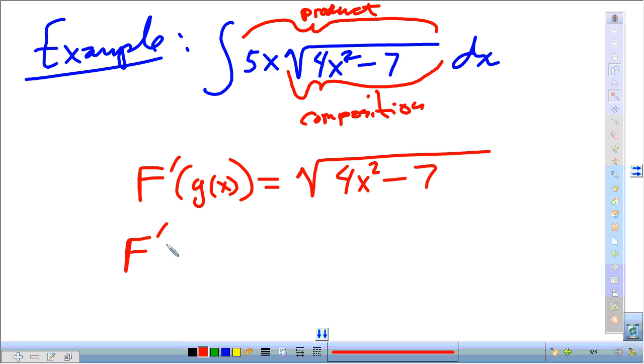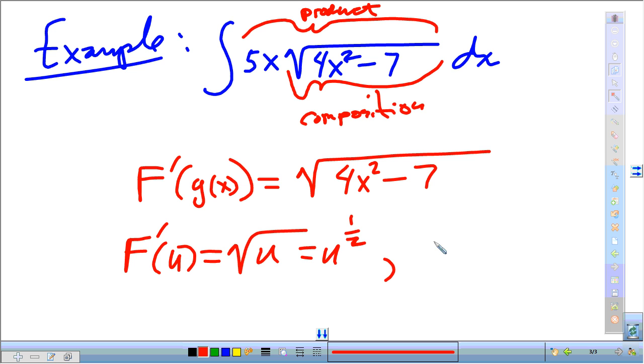So f prime of a symbol should be the square root of the symbol, which is also u with exponent 1/2. And my g of x then must be 4x squared minus 7. So that's the line of attack I'm going to take to see if everything else fits.